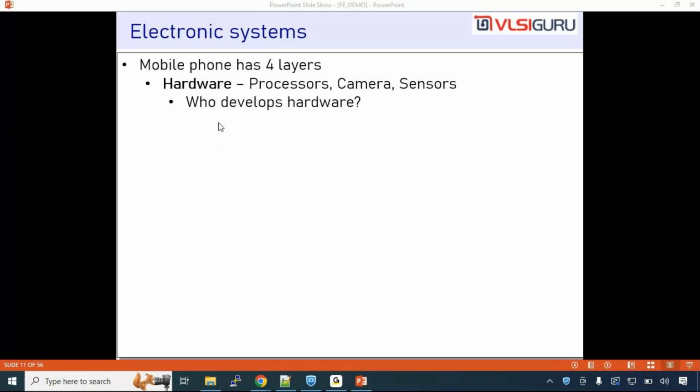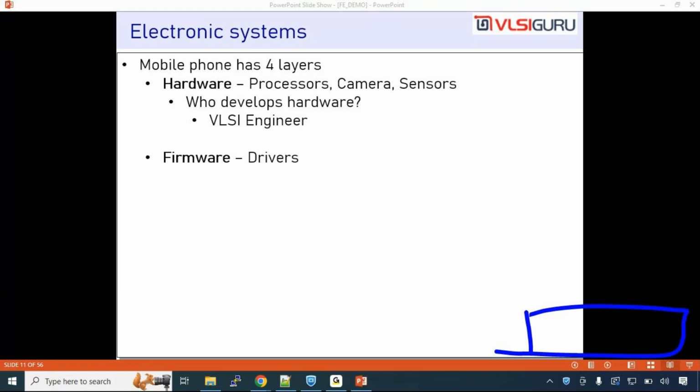So who develops the hardware? It is the VLSI engineer who is responsible for developing the hardware. Second is firmware, also called drivers. Everything: Ethernet drivers, USB drivers. When does a driver come into the picture? Whenever you buy new hardware. Let's say you buy a pen drive and insert it. What happens at the bottom right corner? It will say these drivers are installed.